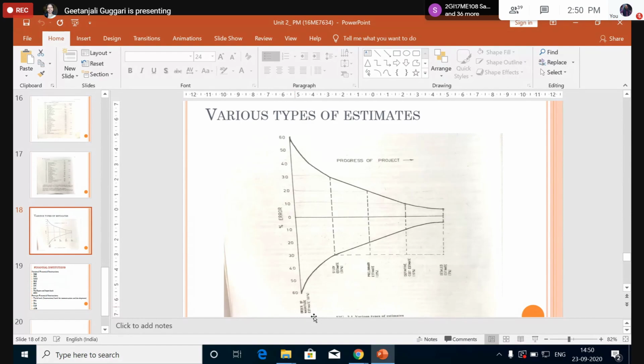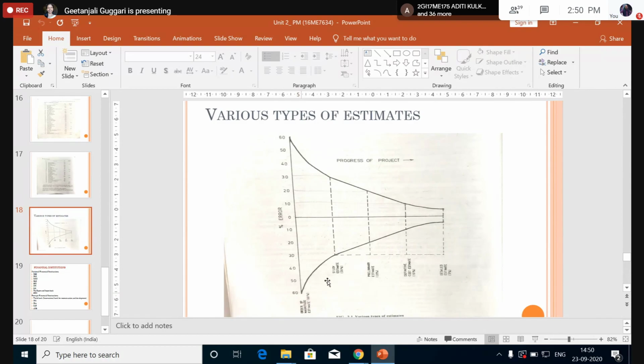This is the very first stage where we are calculating the project cost, with an accuracy level of plus or minus 60%. You are able to see we have started our project with plus or minus 60% cost estimation.